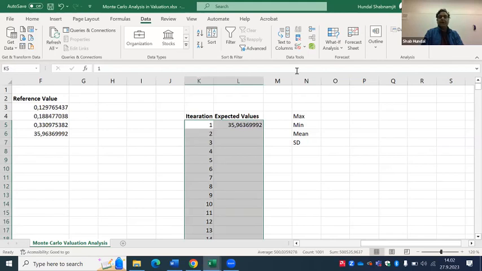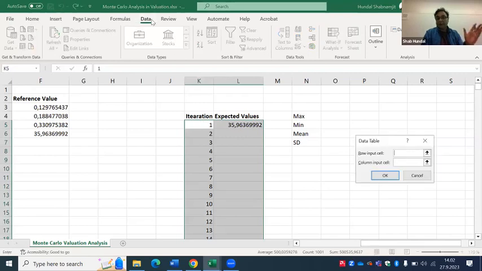Okay. Now the row input, but do one thing. Now this is something very tricky because this is the Excel thing.